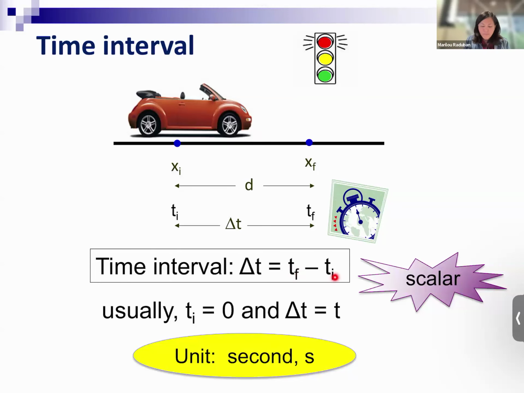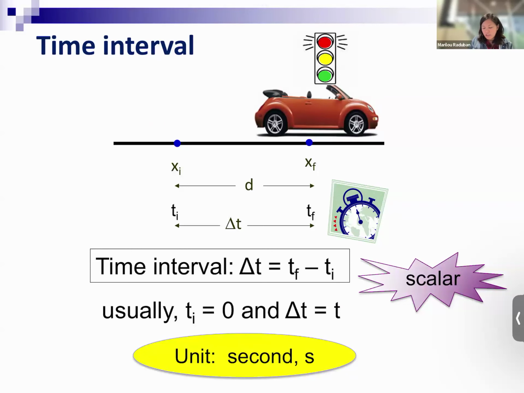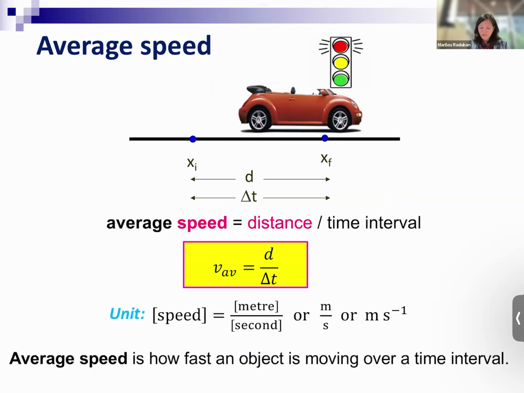It's final time minus initial time, but usually we set the initial time to be the 0 time, and hence you will often see, instead of writing delta t, we'll just write t. That means the time it took for the object to undergo the motion that we are considering. Time is, of course, a scalar quantity measured in seconds, right?